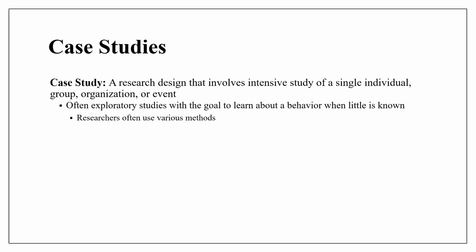We haven't talked about surveys in this lecture, but we will in the next one. So again, the main idea is that they're using all different types of methods to study the one. And typically, the reason why we're only looking at one individual or a very small group of individuals is because we are dealing with something that is really rare.